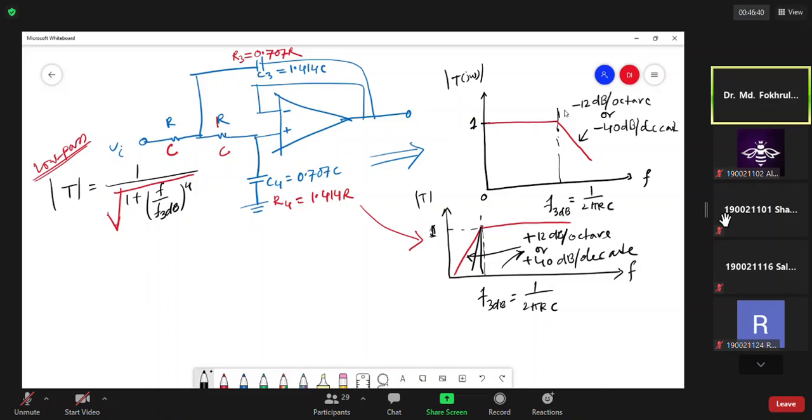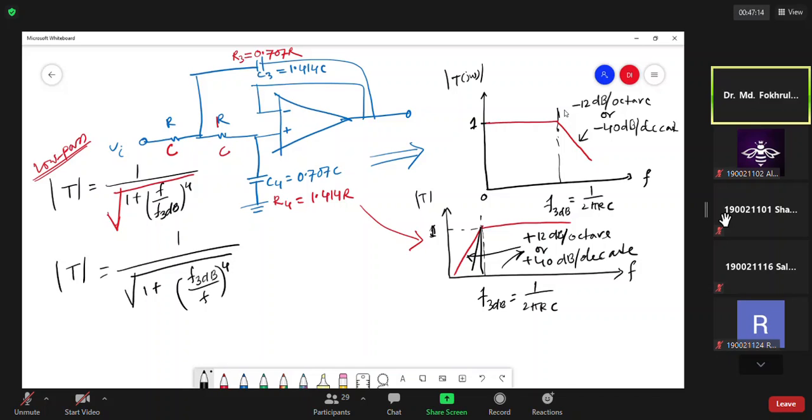Okay, then if we get this second order high pass filter, the magnitude will look like this, just the reverse of this one. It will be f3 dB by f to the power 4.